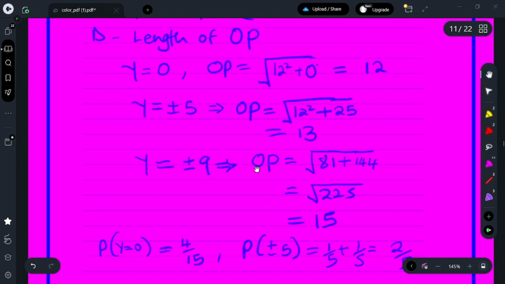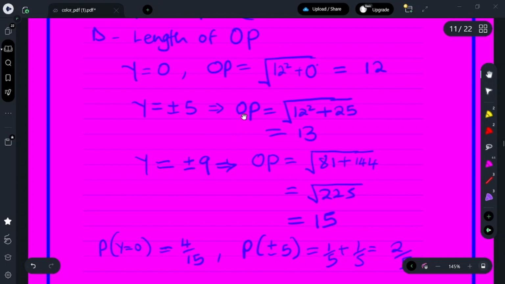Alright, so we move on to this other part of getting the distribution of OP or the distribution of D, which was supposed to be obtaining the distances for the various values of y. When y is 0, our distance is going to be 12, because we're going to use the modulus formula, which is 12 squared plus 0. The square root of that gives us 12.